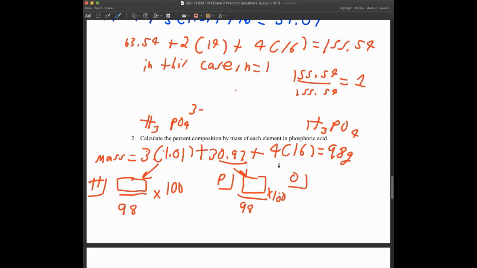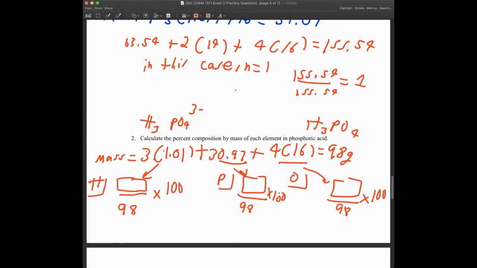And then O, same thing: 16 times 4 here, and then 98. Does anyone have any questions so far on how I got these calculations? You can think of it as a fraction: the fraction part of H over the total, the fraction part of O over the total, the fraction part of P over the total.